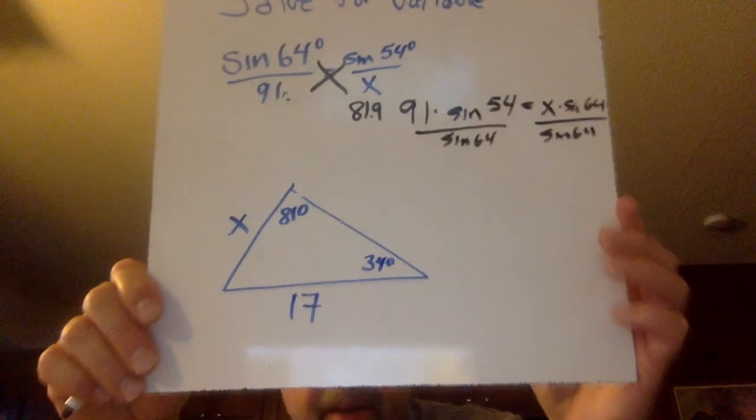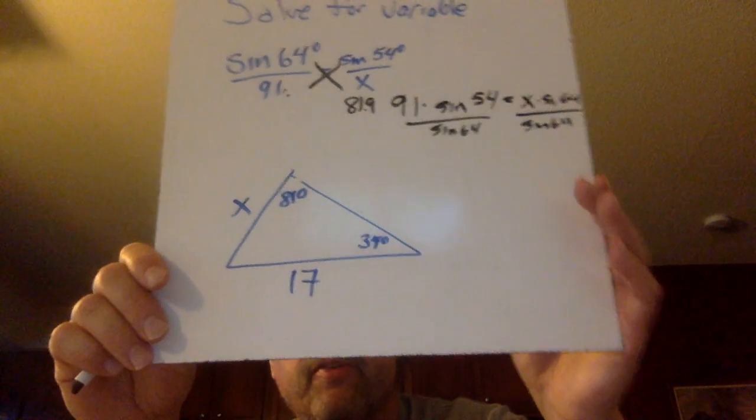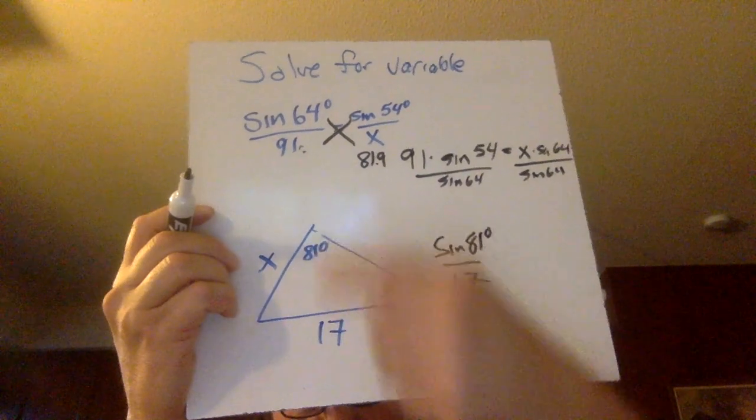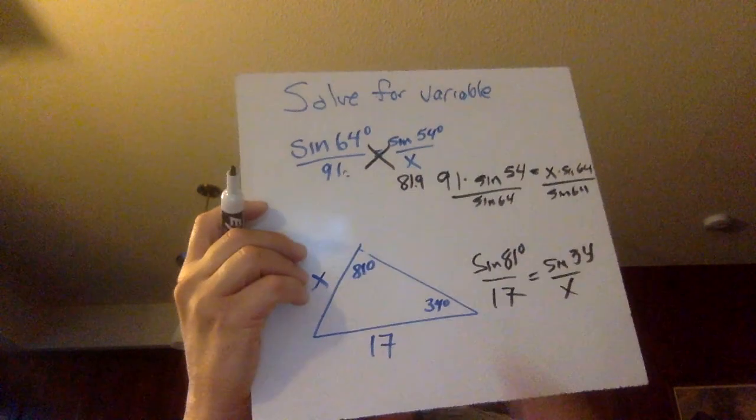The second kind of problem, from a picture, works exactly the same way. You pick the two things you know: sine of 81 degrees over 17, because I know the 81 and the 17. And then sine of 34 over x, because I know the sine of 34 and x.